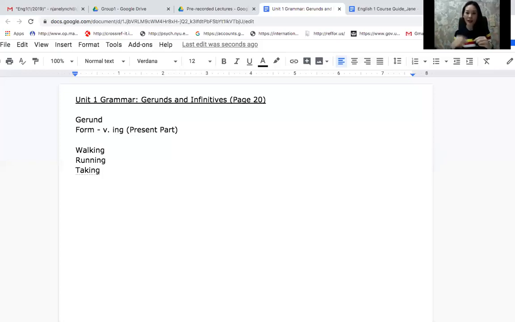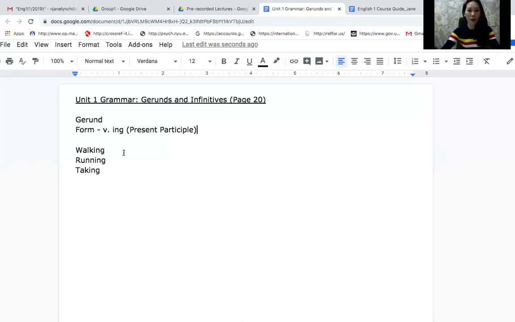So it's just a part or a section of something else. If it's a section of something else, it means it cannot stand by itself as the main verb. I say again, present participle or verb ing form cannot stand alone as a main verb.